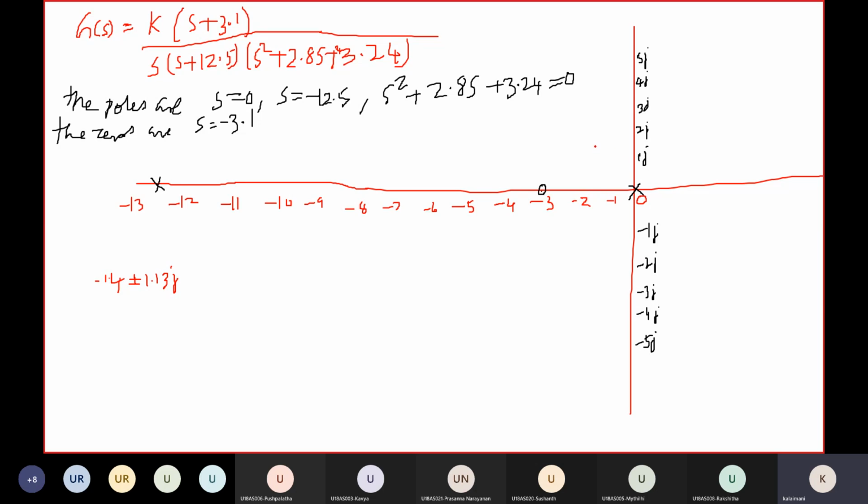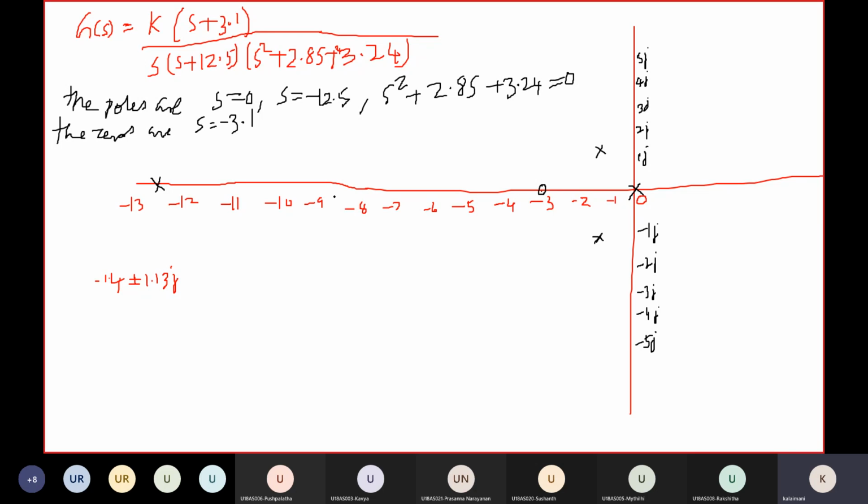So we become this: here one pole, then minus 1.4 minus 1.13j, then another pole here. So now I have found the first step, the poles and zeros of the given transfer function.